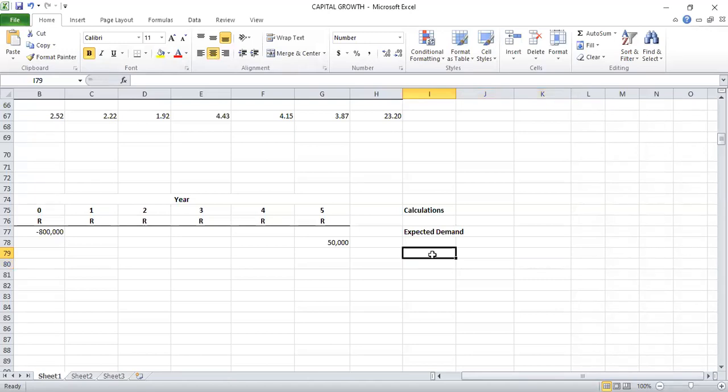So we have our quantity, probability, then expected demand.